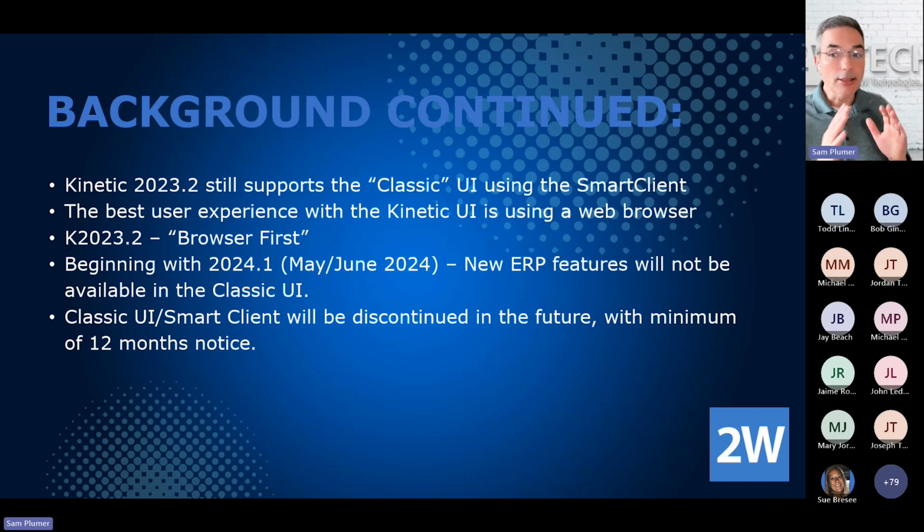So again, it doesn't mean that the classic UI quits working right now or in May or June, but what it does mean is new features and enhancements that require modification to the UI will only be available on the Kinetic UI. So again, this is another gradual step forward in moving that classic UI closer to deprecation.